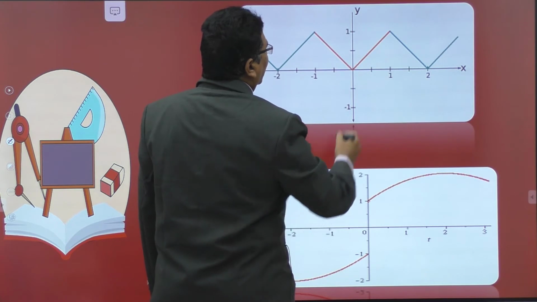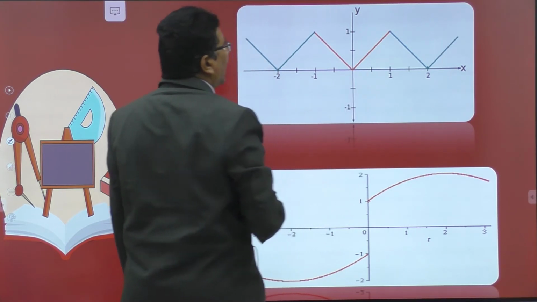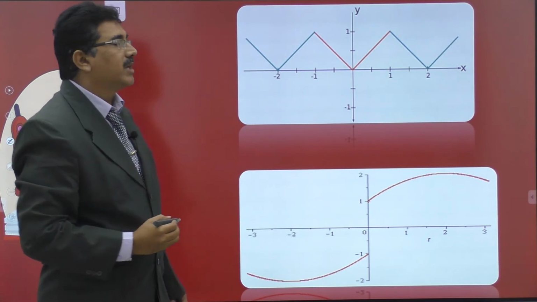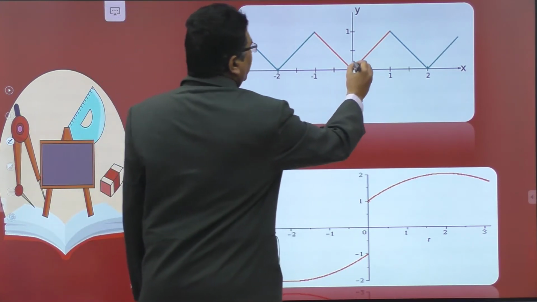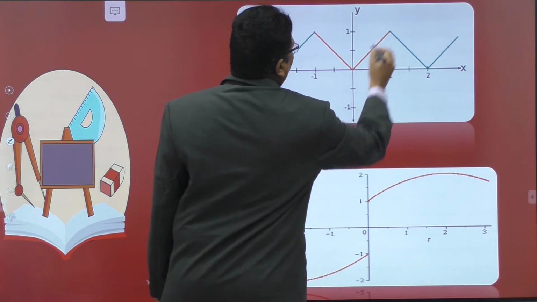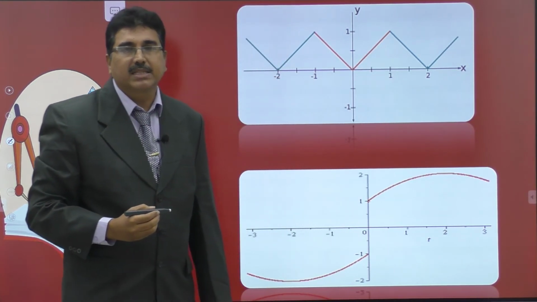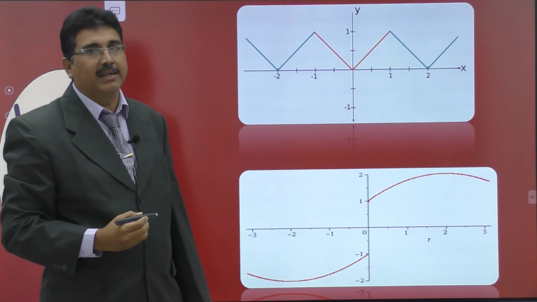Observe that the graph of this function is symmetric about the y-axis, so that f of x is an even function.